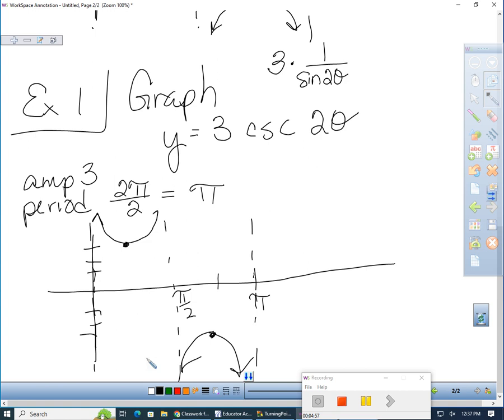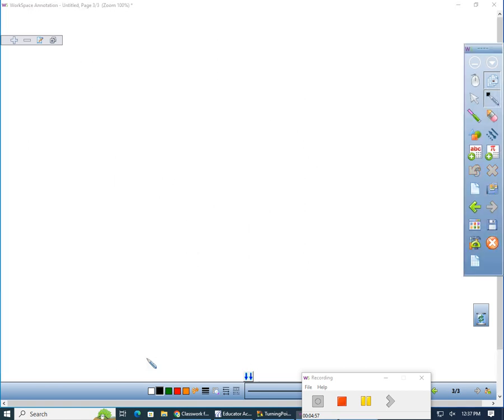Are we good? Okay, let's move on to secant. So before we do secant, I want to remind you what cosine looked like.